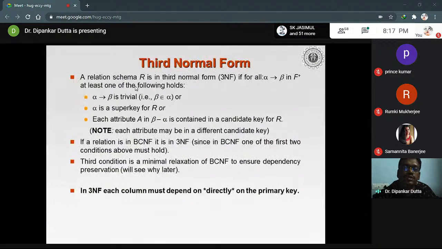I think this is a subset symbol; there is a typing error.